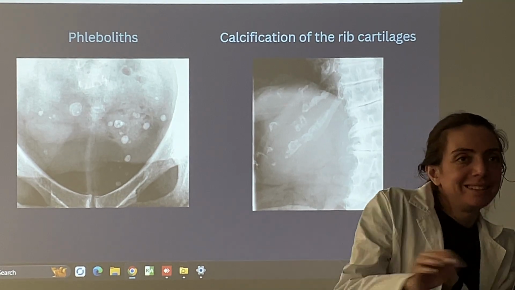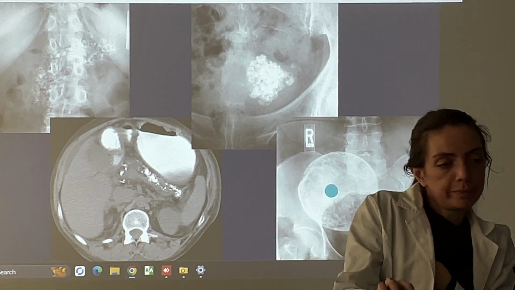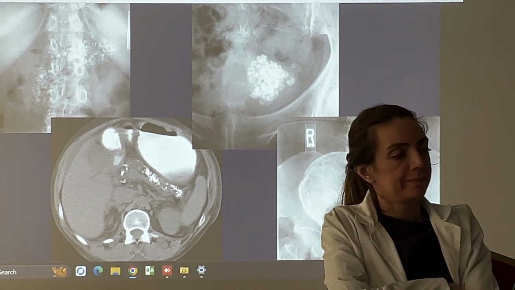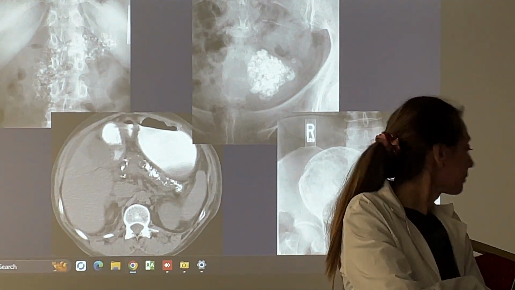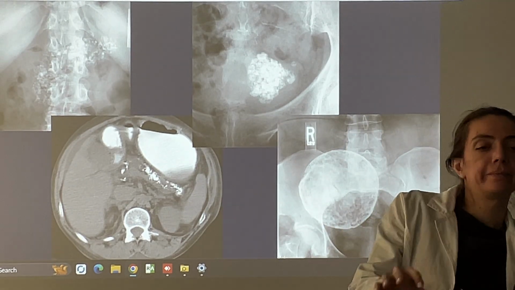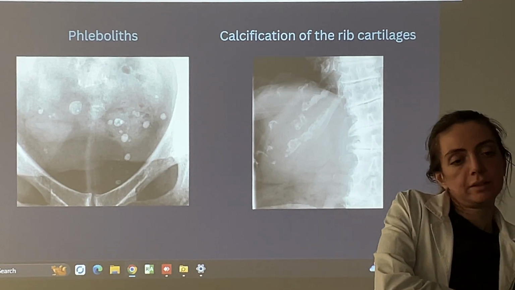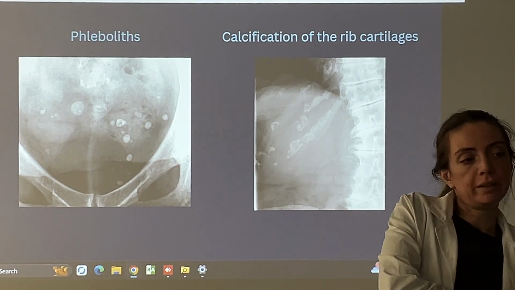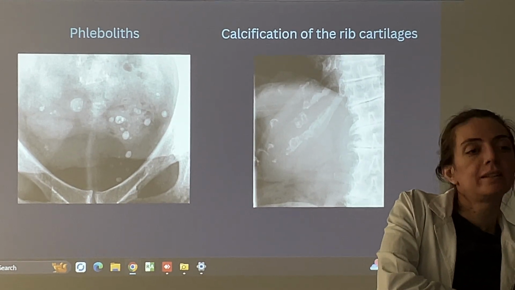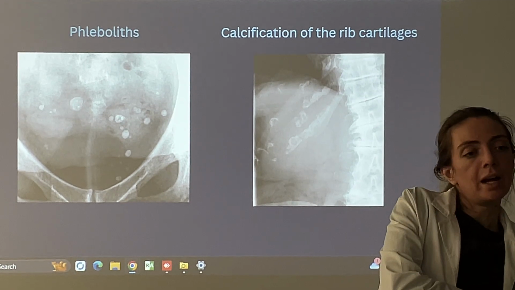What can you see? Uterus. What is popcorn shape? Calcification of thrombus in veins. Thrombus calcifications.